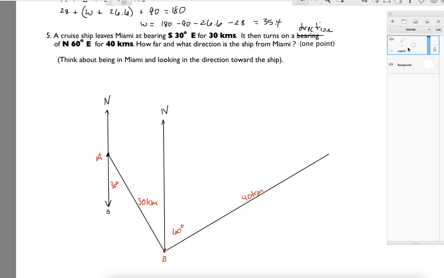How far and what direction is the ship from Miami? All right, so this is point C. And we want to know this distance right here.